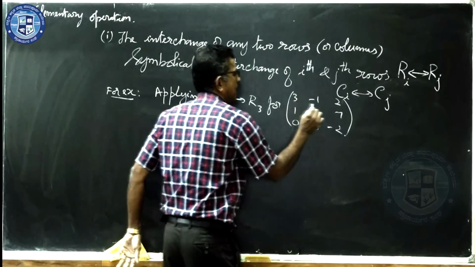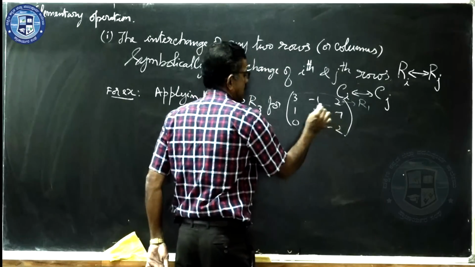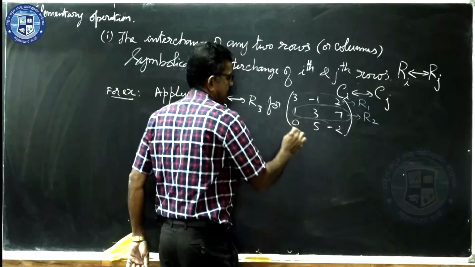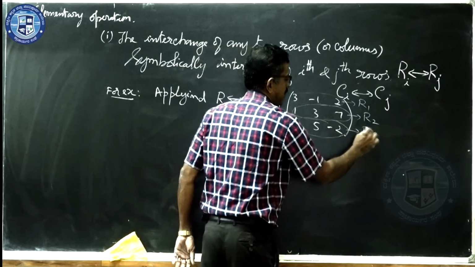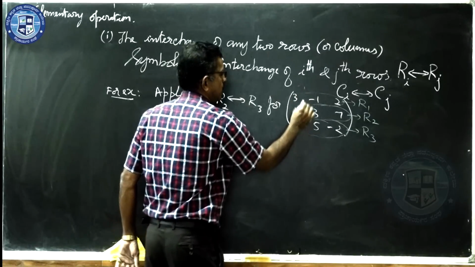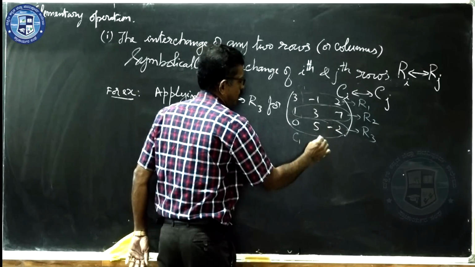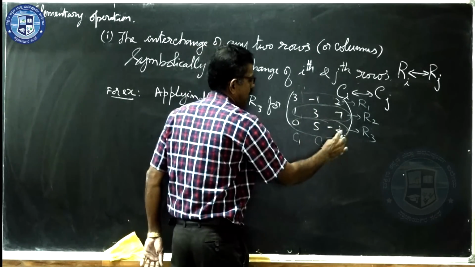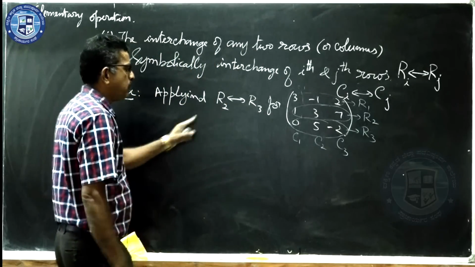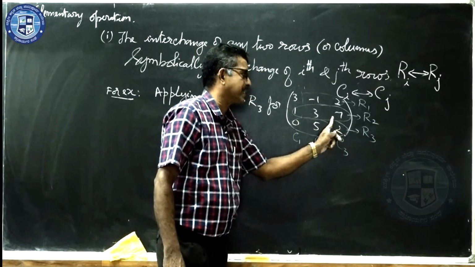This represents the first row, denoted by R1. This represents the second row, denoted by R2. This is the third row, denoted by R3. Similarly, 3, 1, 0 is denoted by C1, minus 1, 3, 5 is denoted by C2, 2, 7, minus 2 is denoted by C3. Will you be able to tell me, after applying this particular elementary operation, what do you expect?